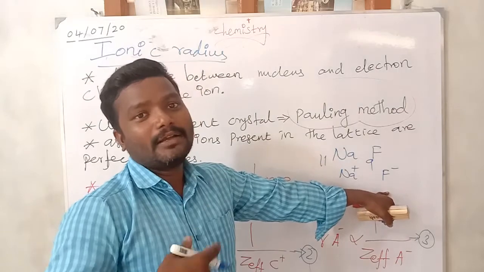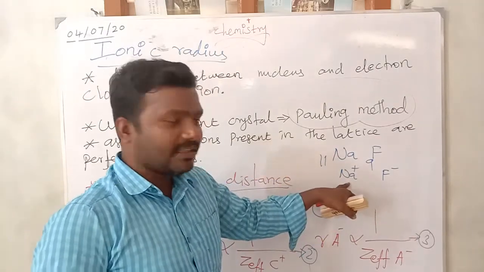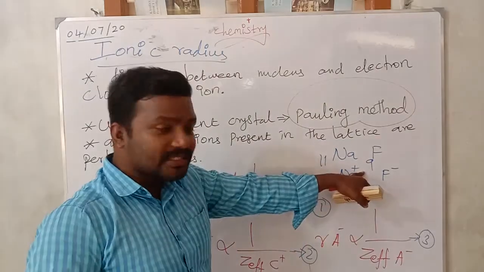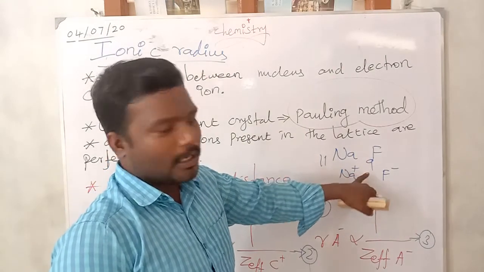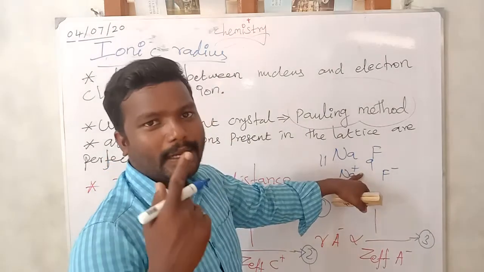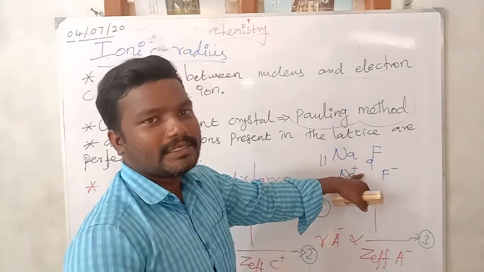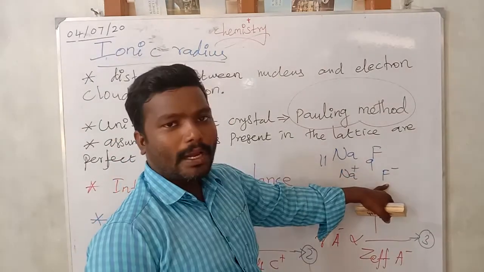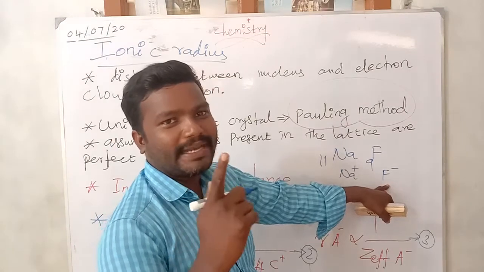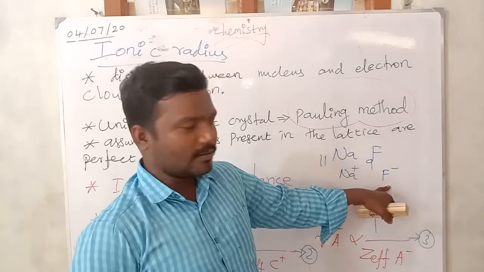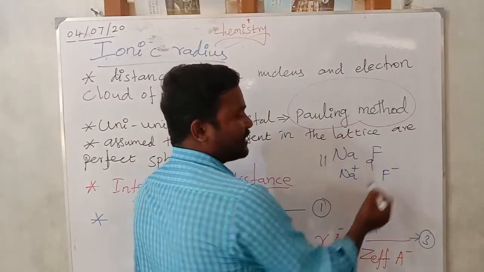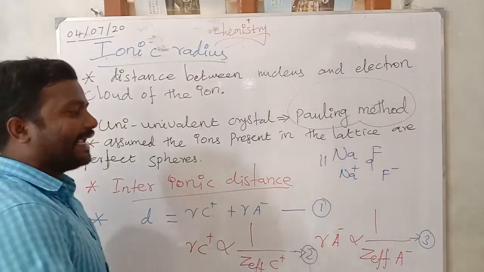If the ion has a plus charge, I will say loss of electron. How much plus charge is there? Only 1 plus, so 1 electron is lost. The second one, fluorine, gained minus 1 charge, so we can say 1 electron is gained, right? So depending upon the charge, I am saying loss or gain of electron.